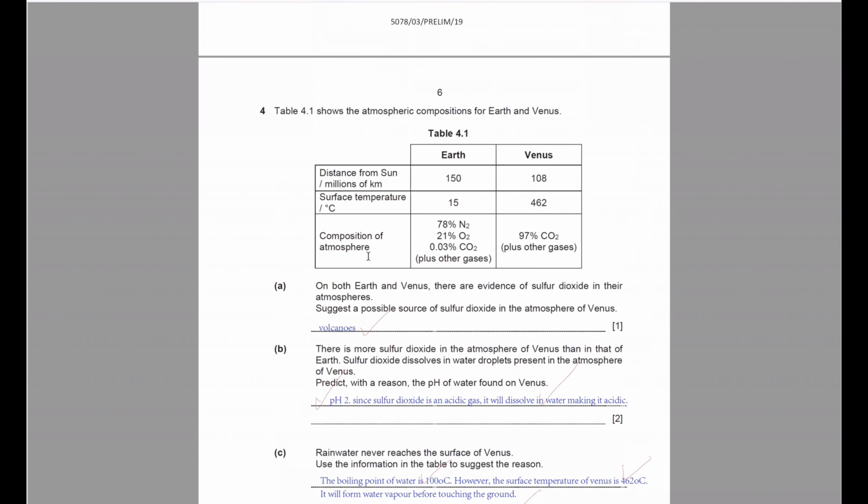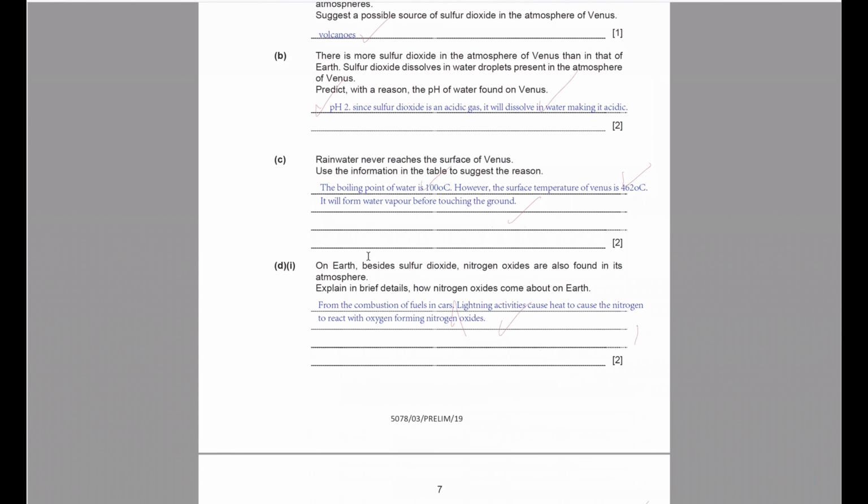Then this is for part D, part 1. Here on Earth, besides sulfur dioxide, nitrogen oxides are also found in the atmosphere. So explain in brief detail how nitrogen oxide comes about on Earth.